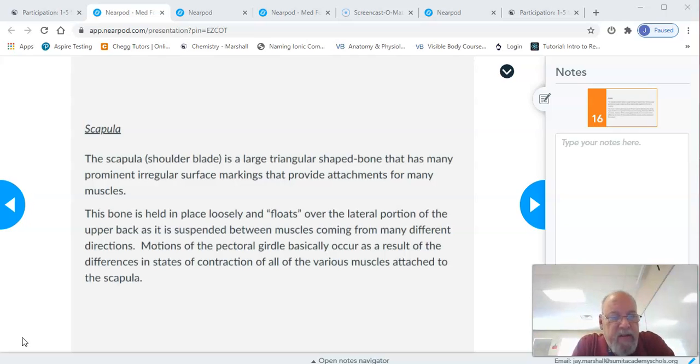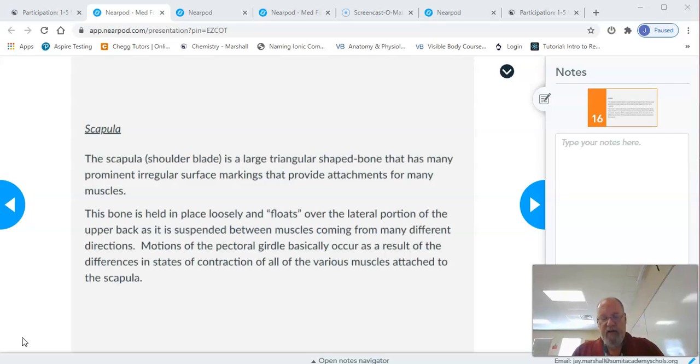I can cause it to go wherever I want by pulling on one or more of the wires that are holding it. This bone, the scapula, is kind of held in place over the back. It kind of floats over the back, suspended between these muscles, and motions of the pectoral girdle basically occur as a result of the differences in state of contraction of all of the various muscles attached to the scapula.